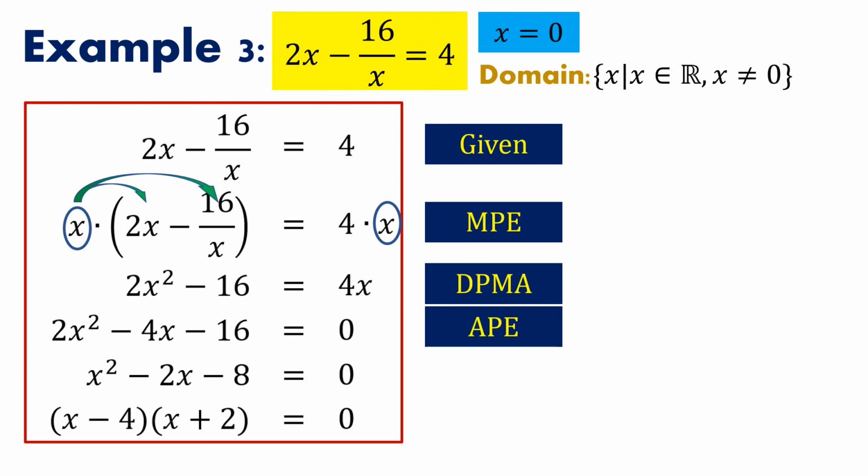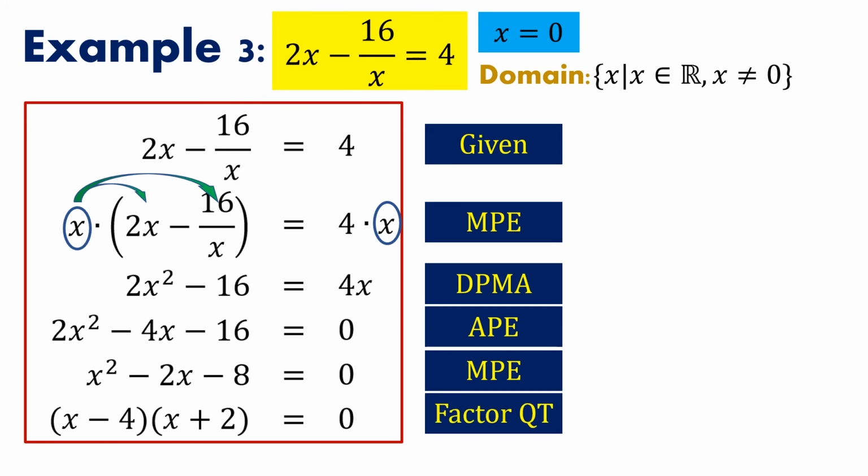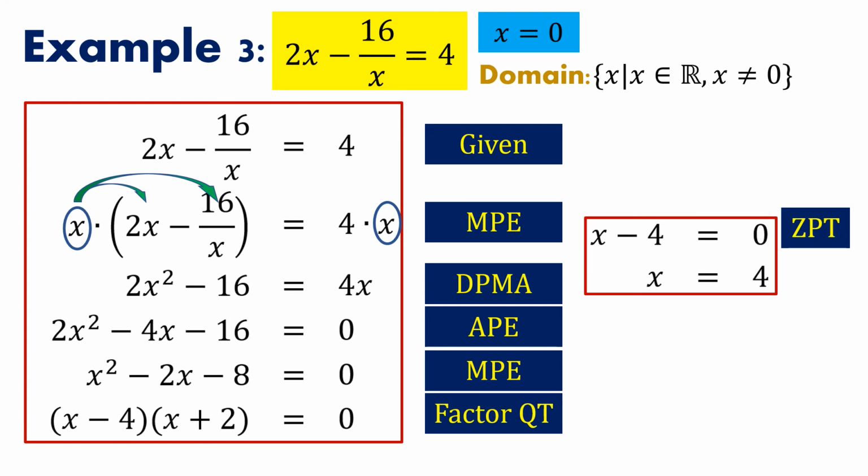We apply the addition property of equality and subtract 4x from both sides of the equation. We also apply the multiplication property of equality and divide both sides of the equation by 2. We factor the quadratic trinomial. We apply the zero product theorem as well as the addition property of equality.